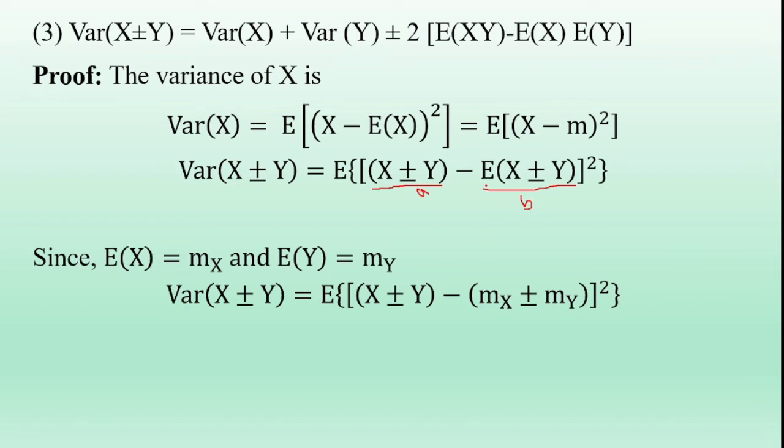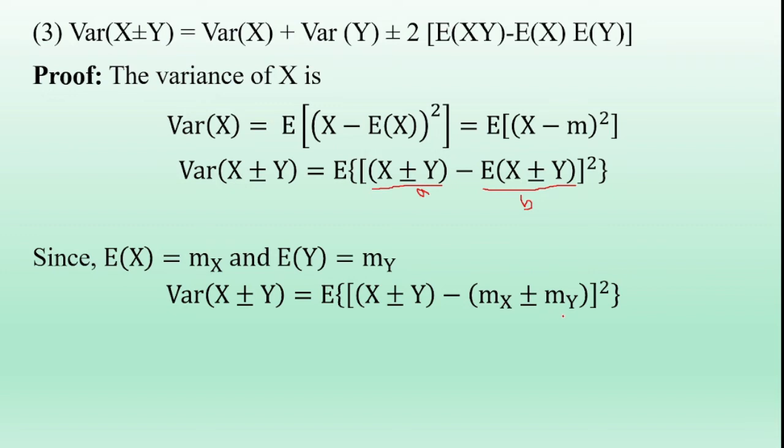Now applying that the expectation of a sum of random variables is equal to the sum of their individual expectations, the expectation of x plus or minus y is the expectation of x plus or minus the expectation of y. The expectation of x is denoted m suffix x, and the expectation of y is denoted m suffix y.